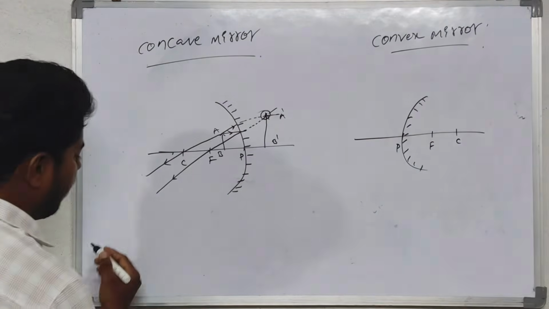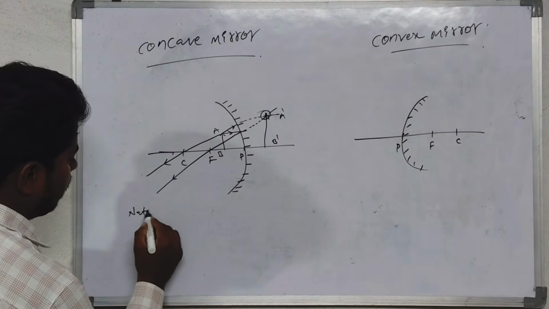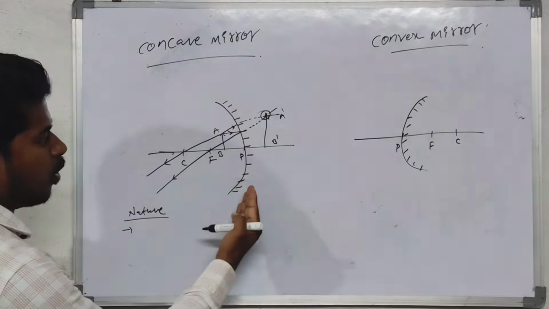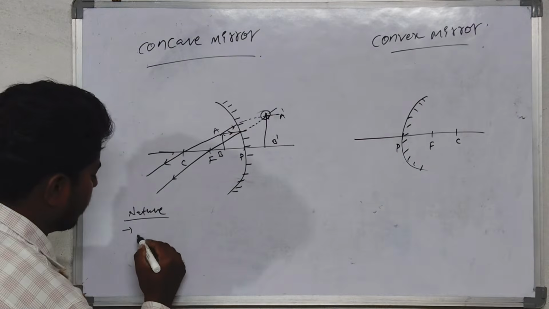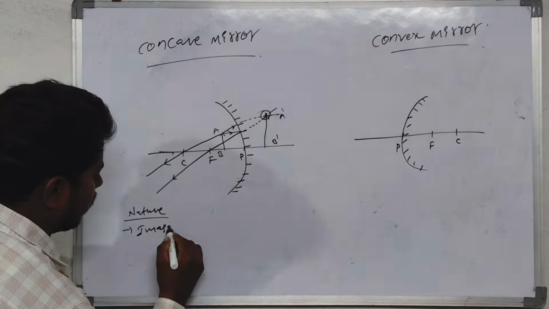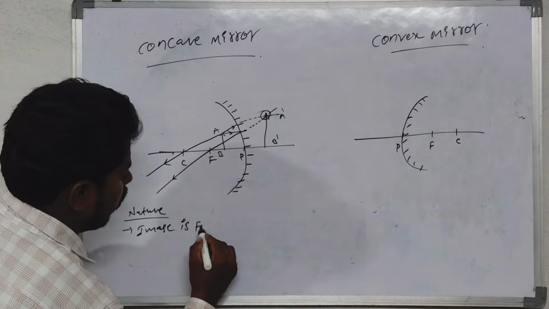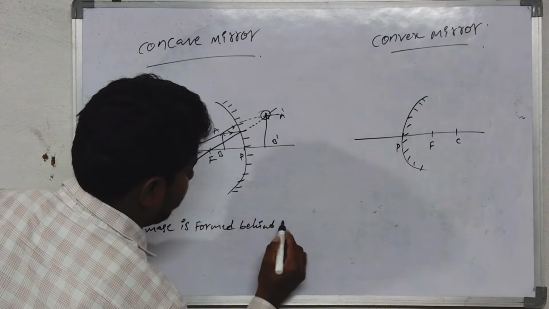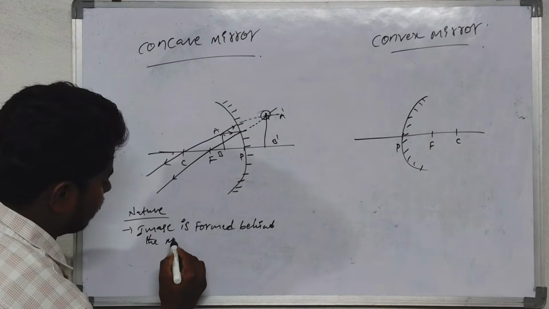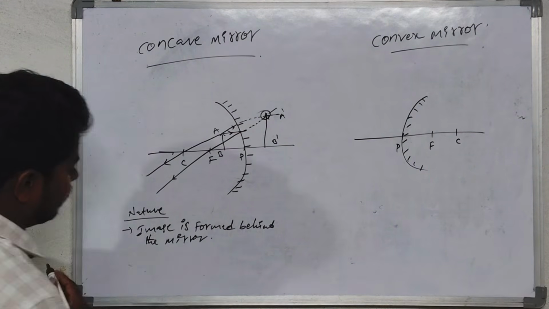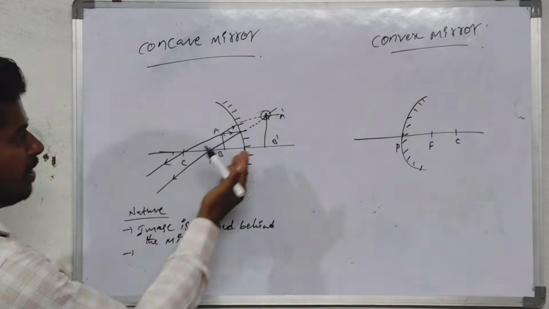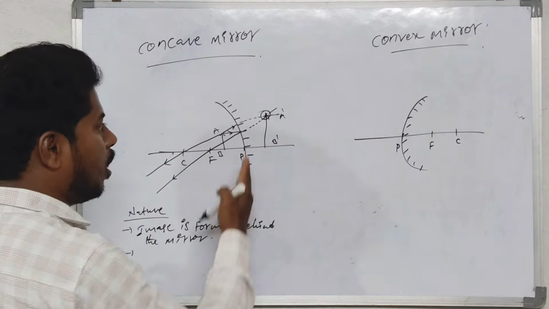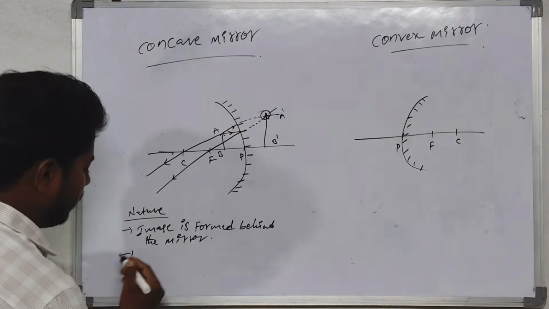Now we have to write the nature of the image. Nature. Image is formed behind the mirror. And the next point, image is virtual because the dotted lines or imaginary lines intersect at this point.